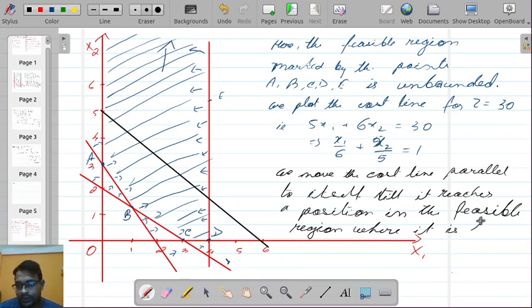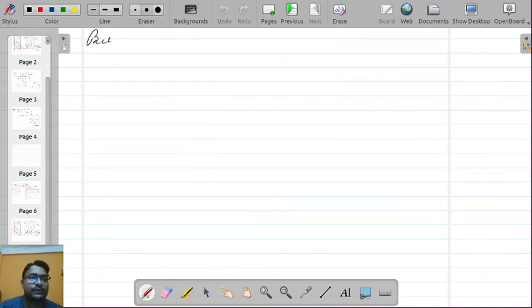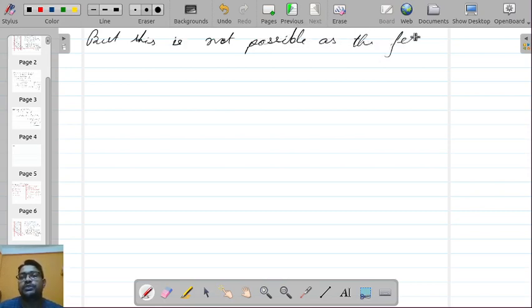Where it is farthest from the origin. But that position doesn't exist. This is not possible as the feasible region is unbounded above.